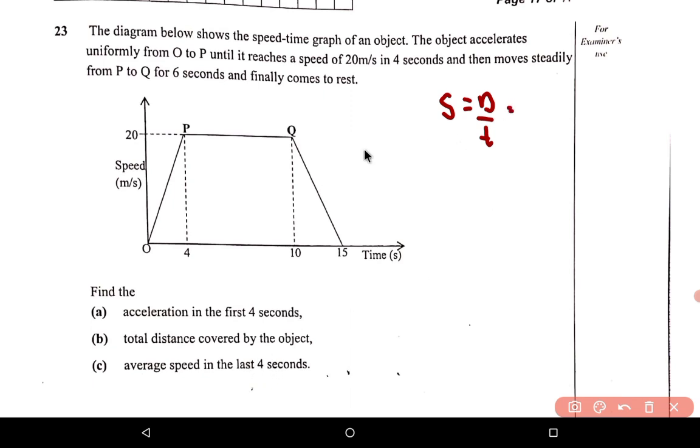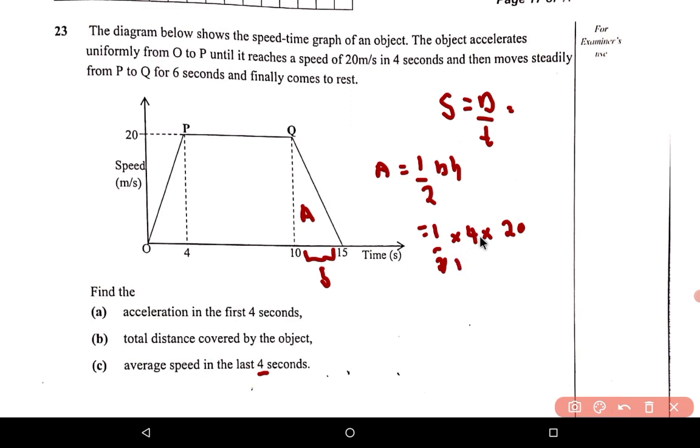So we need to find the distance in the last 4 seconds, which is this part. So we use the area of a triangle, which is half base times height. The base here is 5, but the question is specific, 4 seconds, so we're not going to count this time as 5, but 4. So the base is 4 times the height, which is 20. Whatever time you're given, that's what you use as the base.